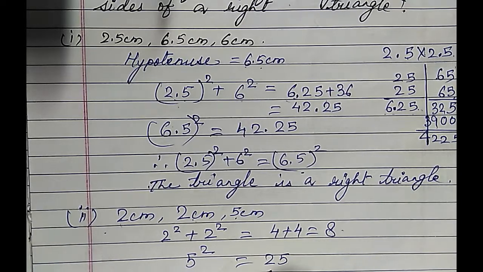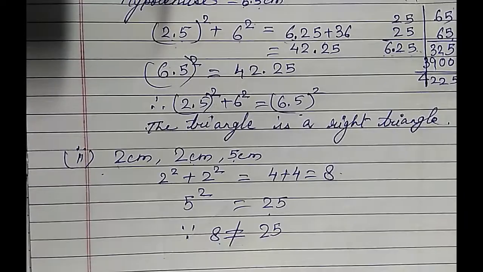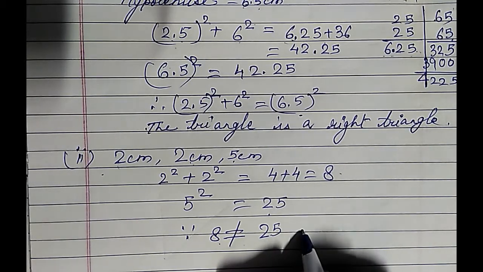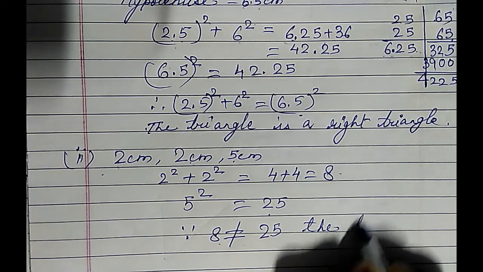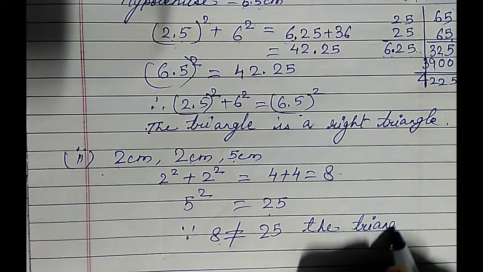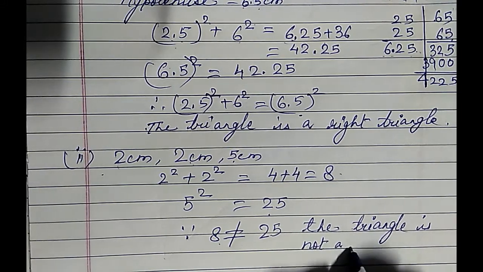So are they equal? No, they are not equal. 8 is not equal to 25. Since 8 is not equal to 25, I can say the triangle is not a right triangle.